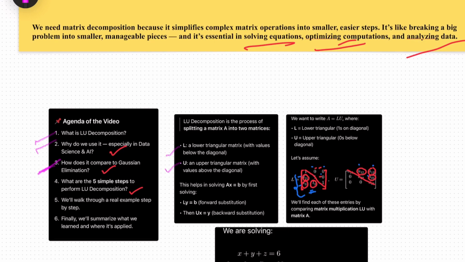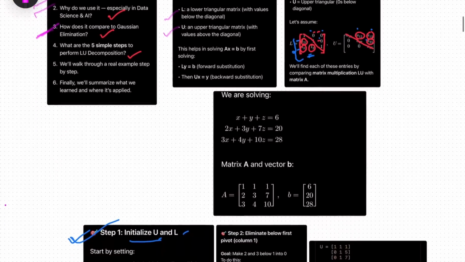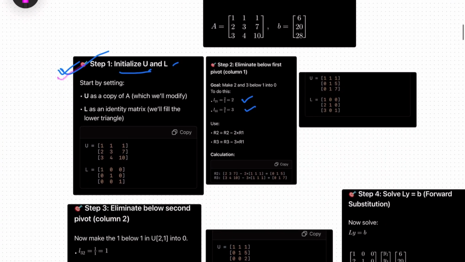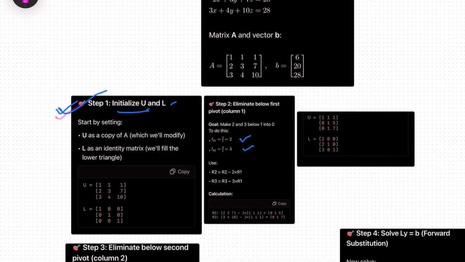Next step is step 5, backward substitution. For that we need to solve this in the form of this. So what is the new b this time? 6, 8 and 2, right?